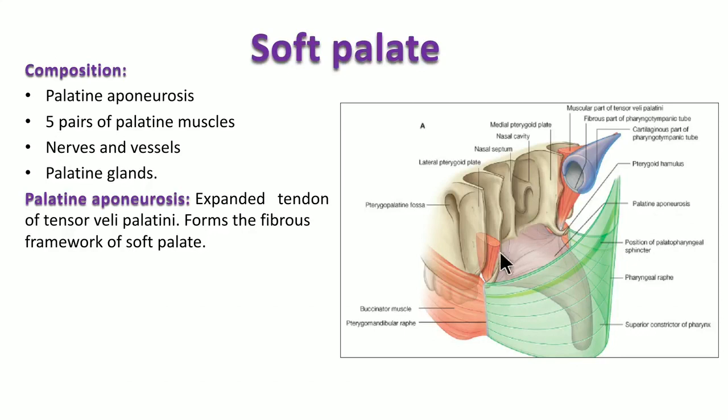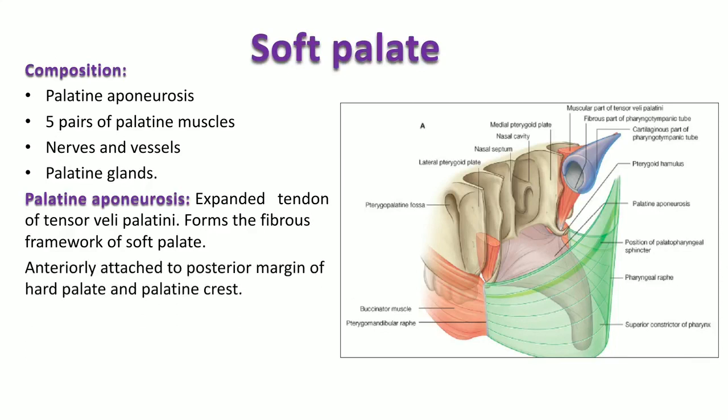So it forms the fibrous framework, because the other 4 muscles will insert or originate there. The Levator Veli Palatini inserts, and the other 3 muscles, the Palatoglossus, the Palatopharyngeus, and the musculus uvulae, take origin from the palatine aponeurosis.